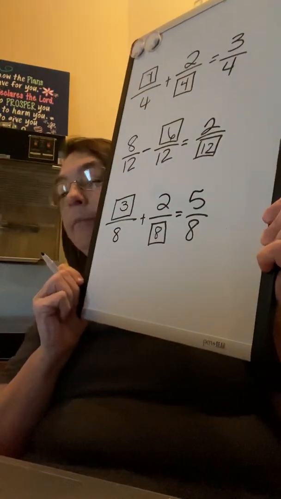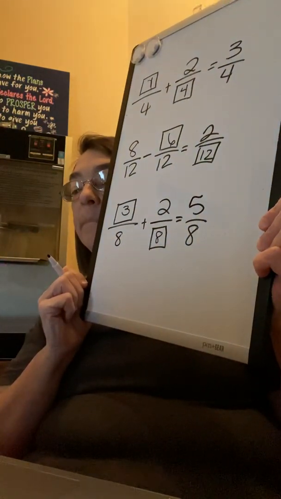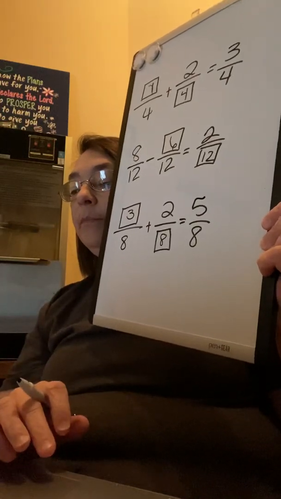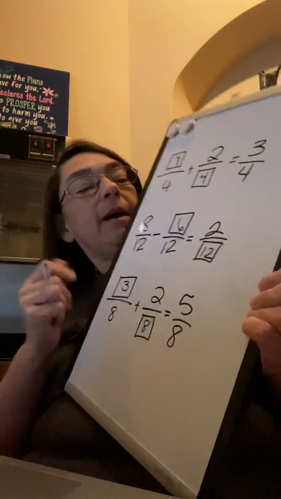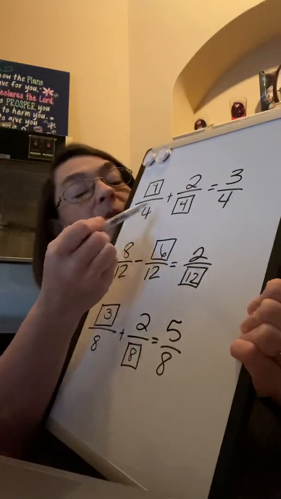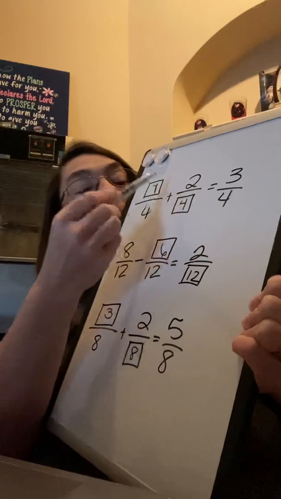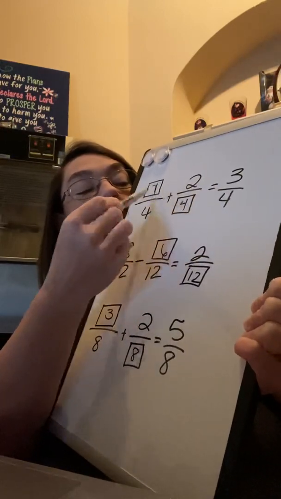Absolutely. All right. So where my boxes are the numbers I had to fill in. If I've got 4s on the bottom, then the box on the bottom has to be a 4. The top, I have to figure out 2 plus what number equals 3? 2 plus 1.